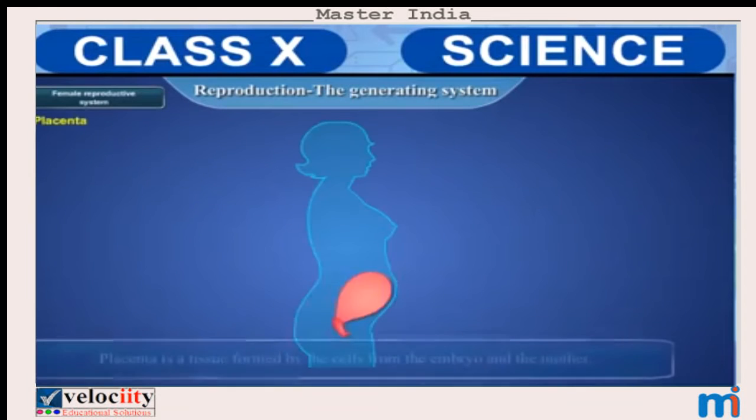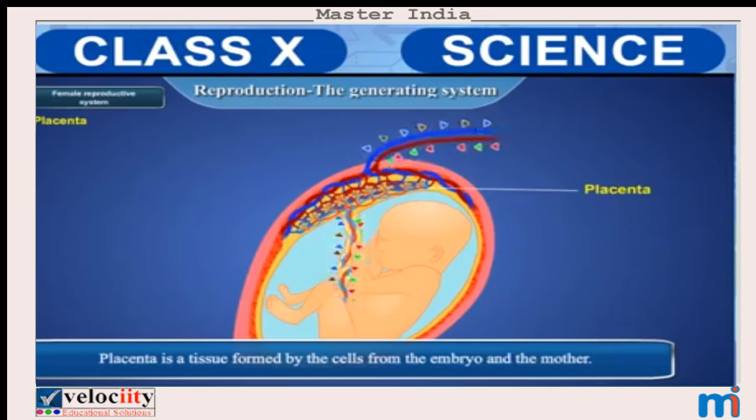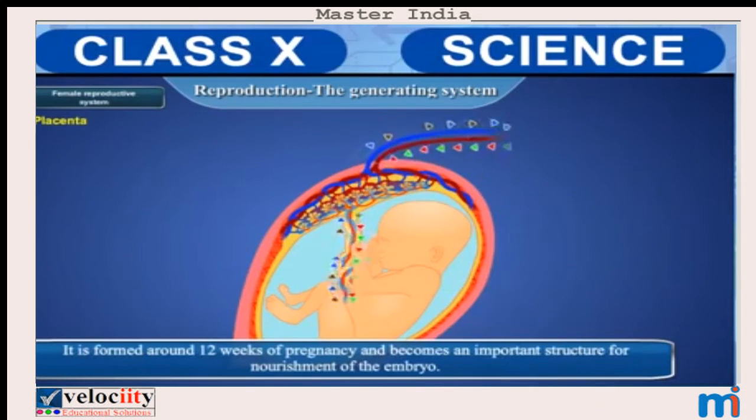Placenta. Placenta is a tissue formed by the cells from the embryo and the mother. It is formed around 12 weeks of pregnancy and becomes an important structure for nourishment of the embryo.